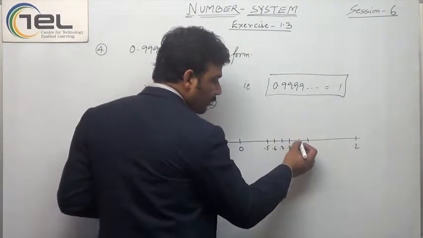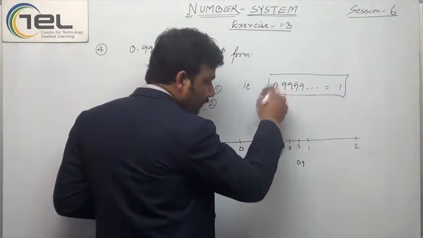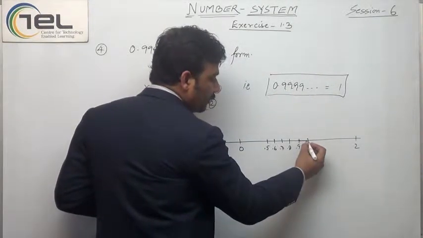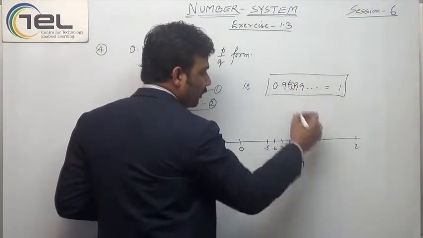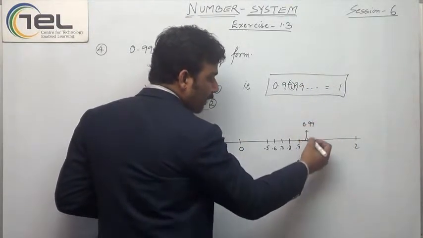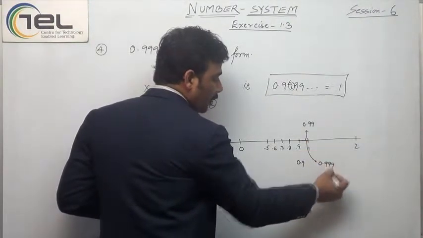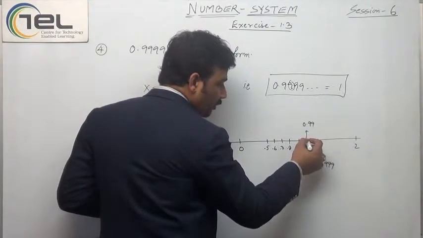So 0.9 is this. But I have to make some more accuracy. This is 0.99. I have to make more accuracy. This is 0.999. I have to make more accuracy.